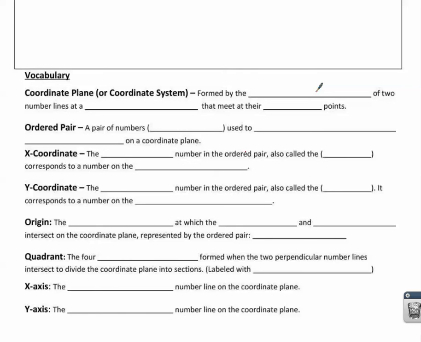Let's talk about the coordinate plane. The coordinate plane, or the coordinate system, is formed by the intersection of two number lines at a point that meet their 0 points.